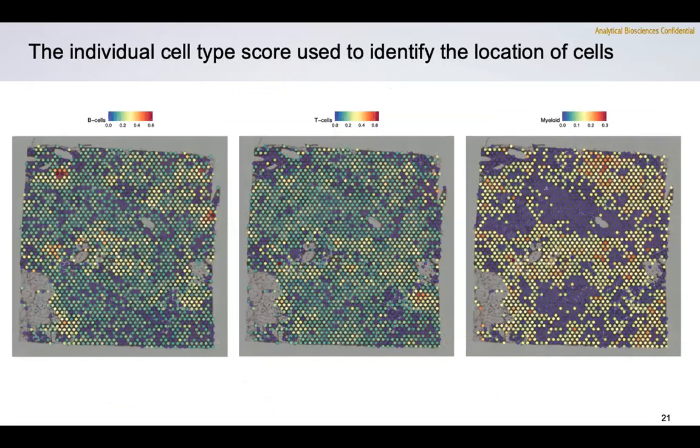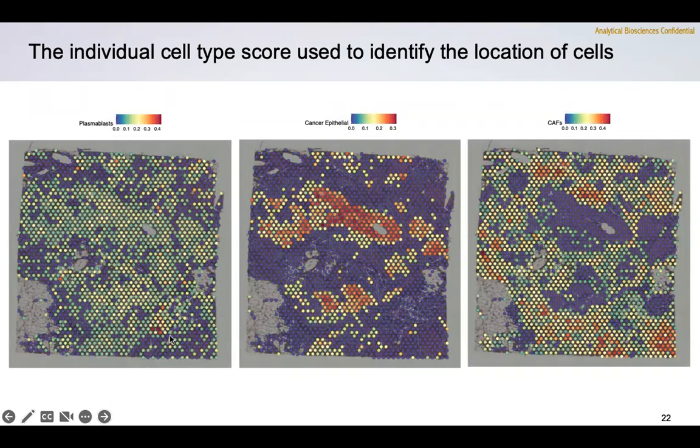The score that we get from SPOTlight for each cell type can also be used to identify the location of the cells on the Visium. For example, these two regions are where we got the highest score for B cells. Here is the region where we got the highest score for T cells. It seems myeloid cells are distributed across the tissue.